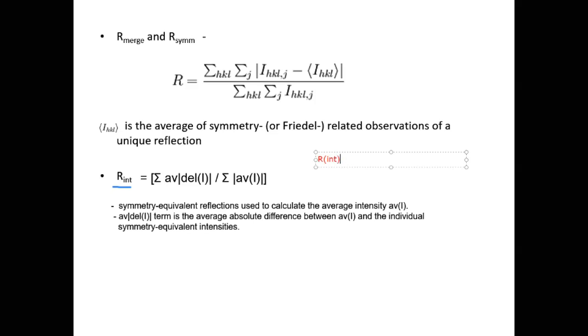If your RInt is greater than 0.1, it's not like it's going to be impossible to solve the structure, but there may be something wrong with the data. It's going to be a little bit more difficult to solve your structure. So again, you're looking for an RInt less than 0.1. Preferred is an RInt less than 0.05.